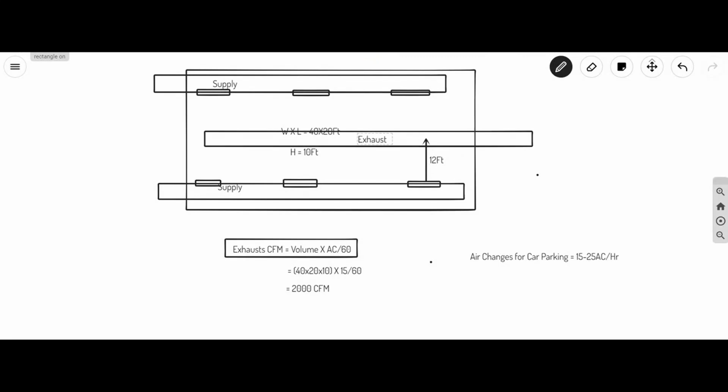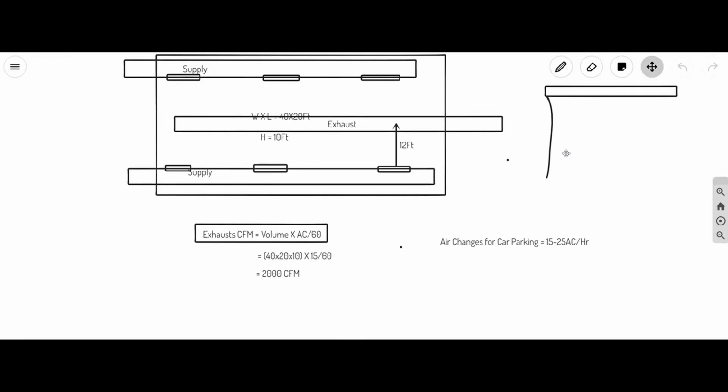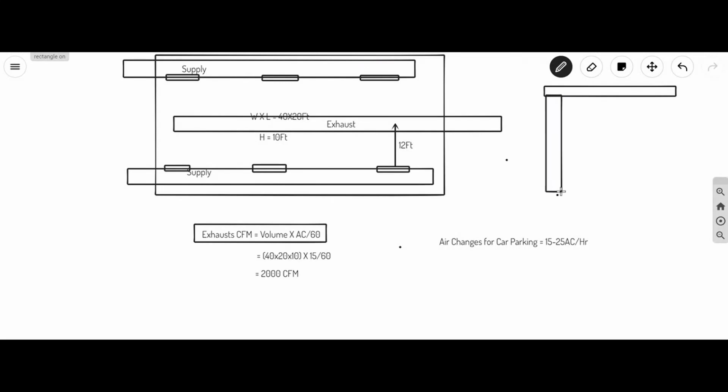In some applications, we give the supply from the bottom. Suppose this is the floor.